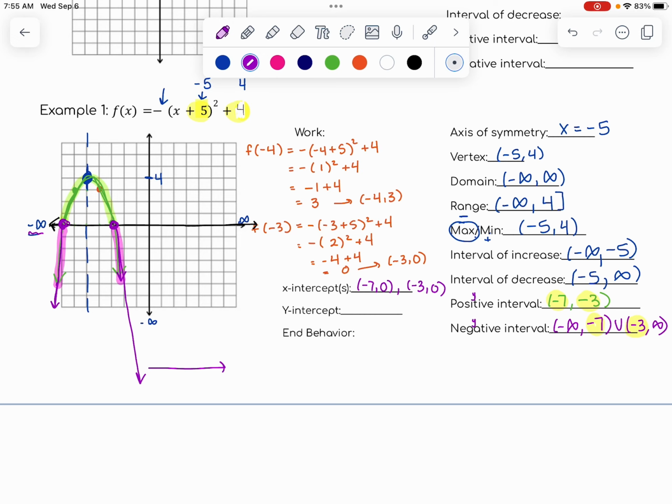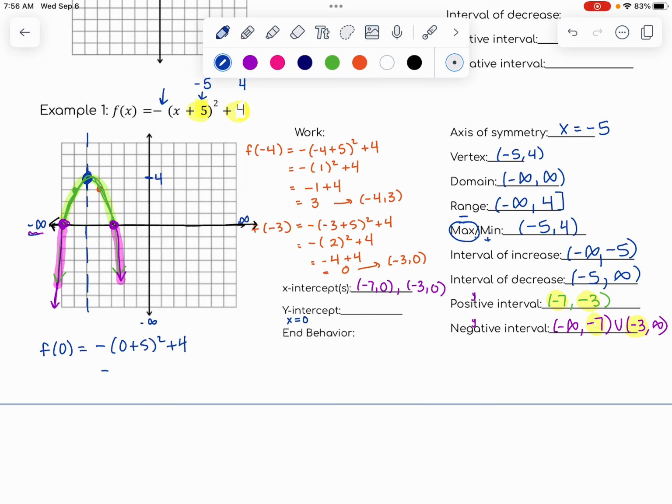Now our y-intercept, we don't see it on the graph. It doesn't happen to be one of the points that we plotted, so we're going to have to go ahead and plug in to solve. Remember that the y-intercept is found when x equals 0. So I'm simply going to plug into the equation 0 for x and solve for y. So 0 plus 5 squared plus 4.